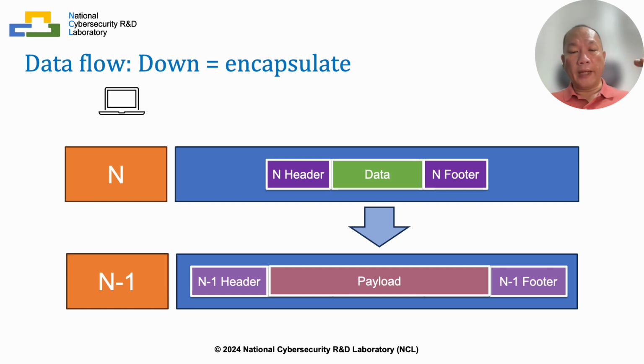So from the top layer down to the second layer, we call it encapsulation. Now, encapsulation is when you wrap around the header and the footer over the payload. You can see over here, this is what we call payload.